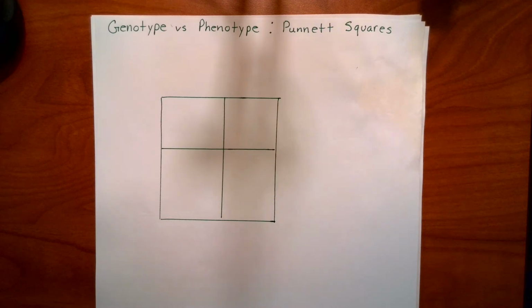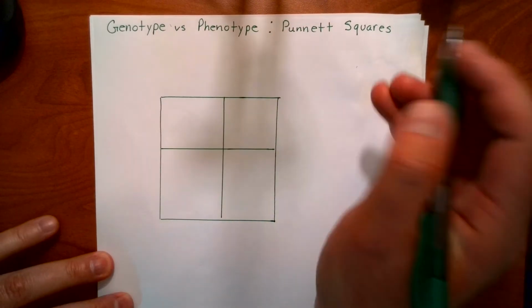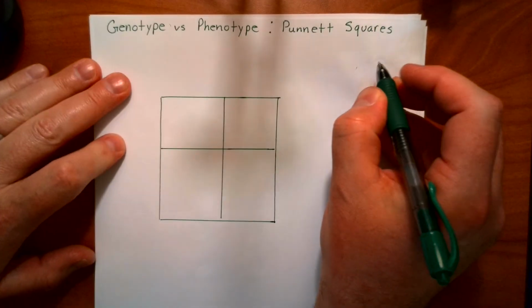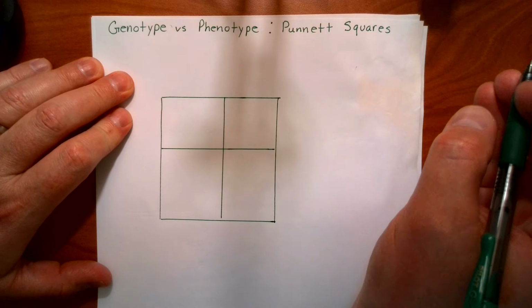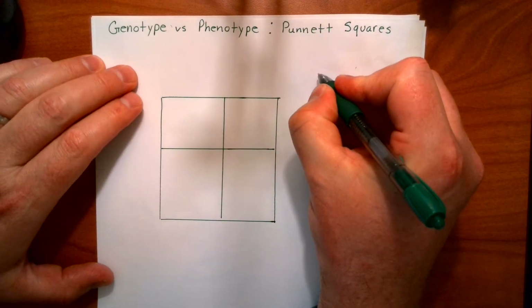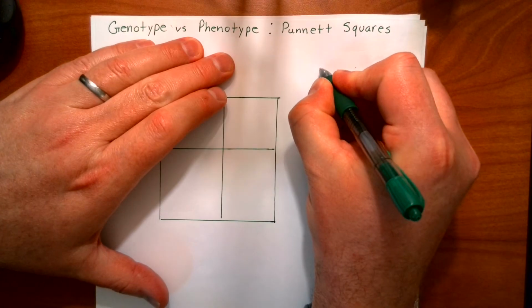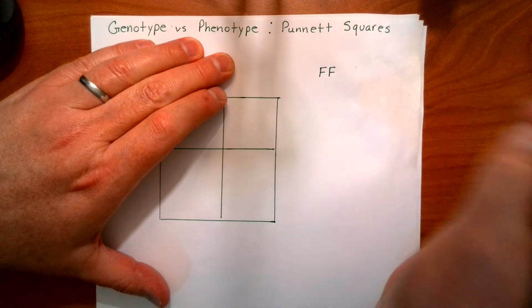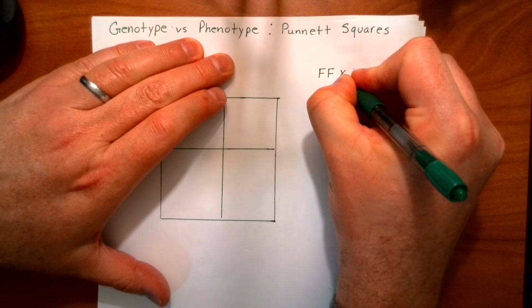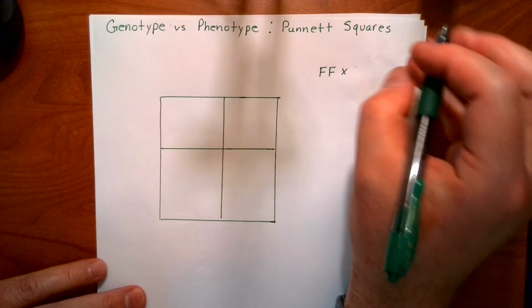Okay, so let's take our first example, and that example was for the alleles that govern freckles in an individual. Say we have a cross between two individuals that result in an offspring. One individual was homozygous dominant, crossed with an individual that was heterozygous.